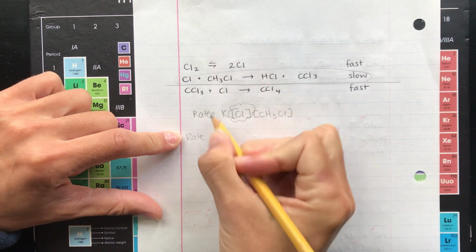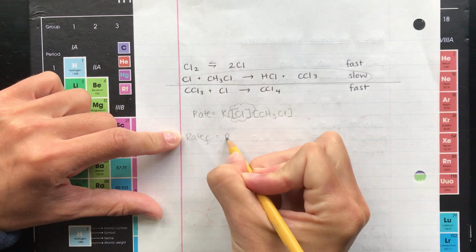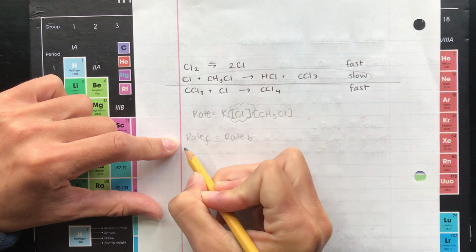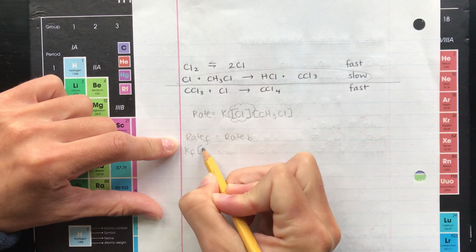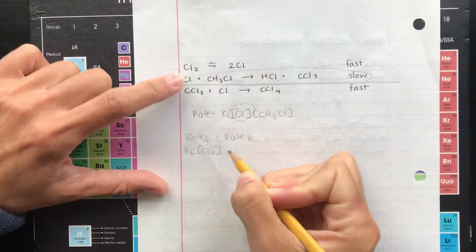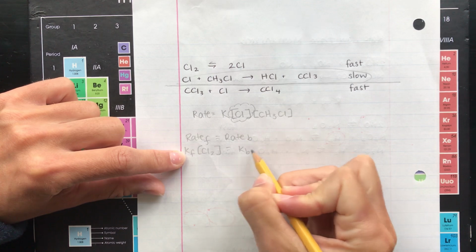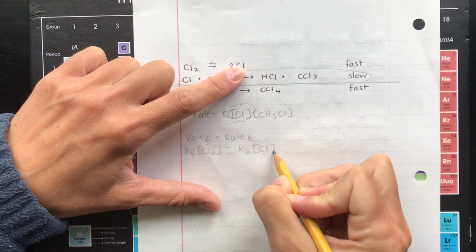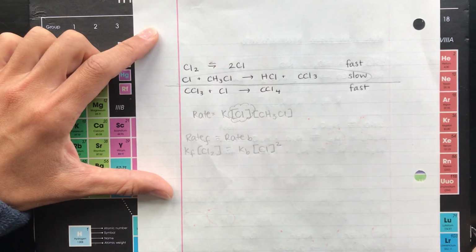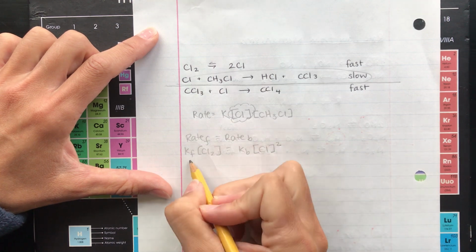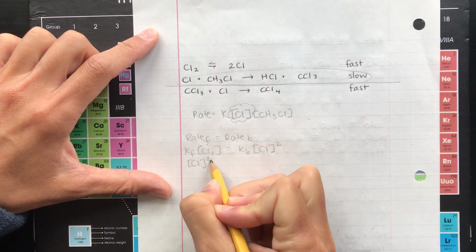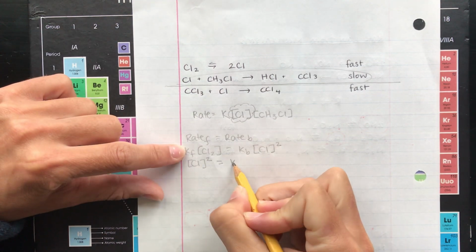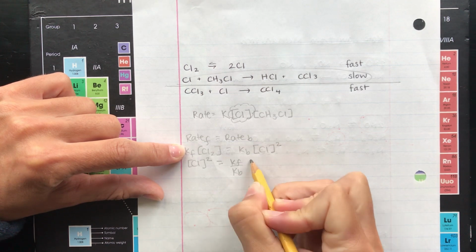It's an equilibrium, so rate forward equals rate backward. Kf times Cl2, there's my forward one, and Kb times Cl atoms squared, there's my backward. Solve for Cl. So Cl squared equals Kf divided by Kb times Cl2.